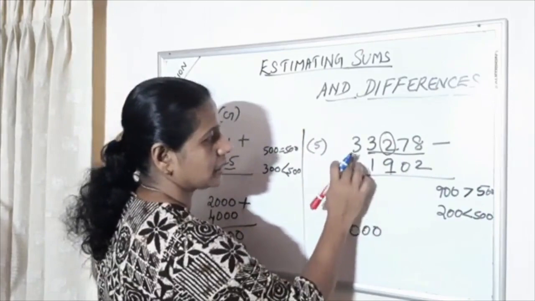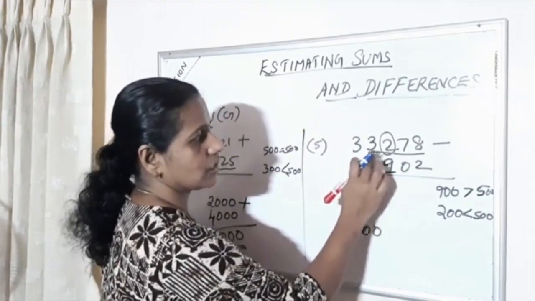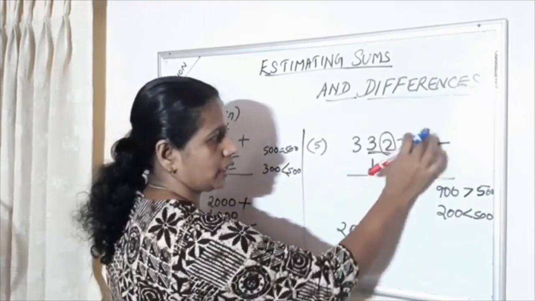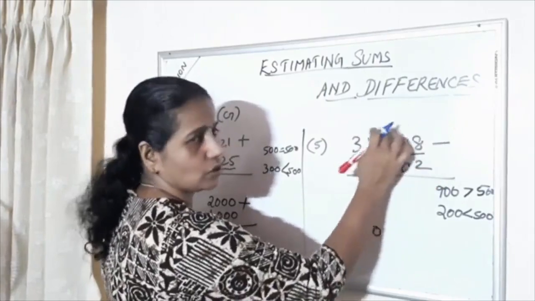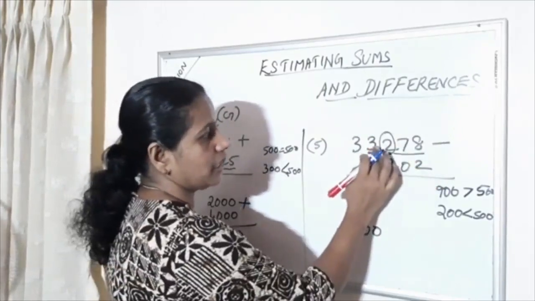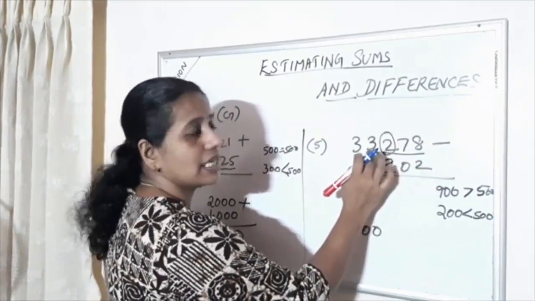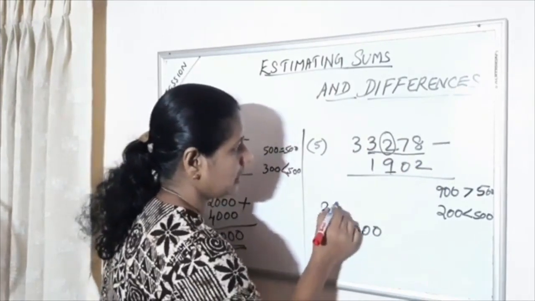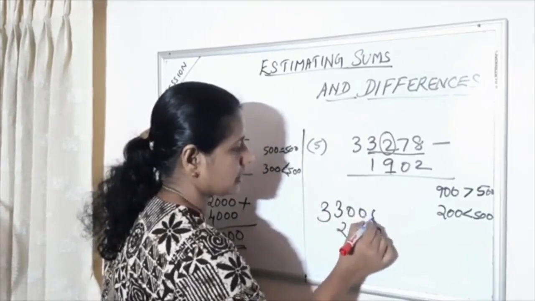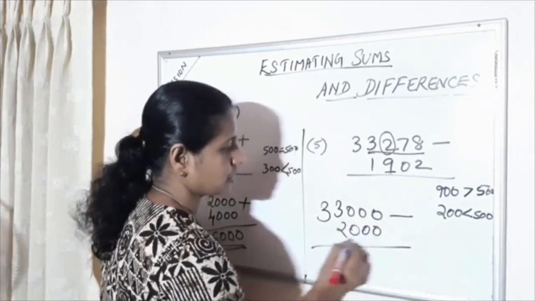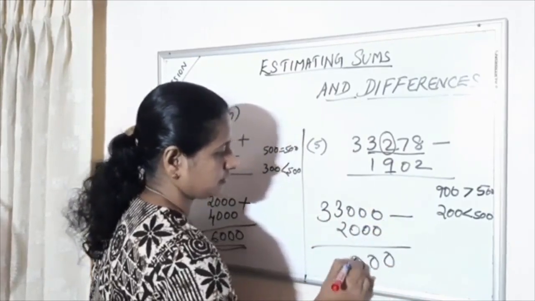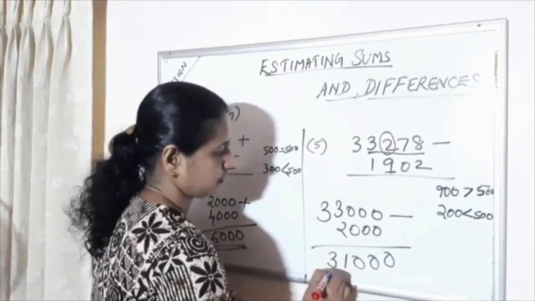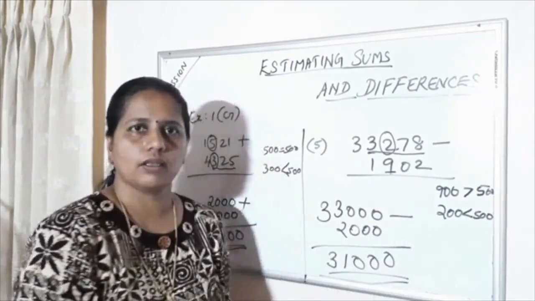That is 33,278. We are taking only this 3,278. From that, the nearest 1000 is 3000. So 33,000 minus 2000.